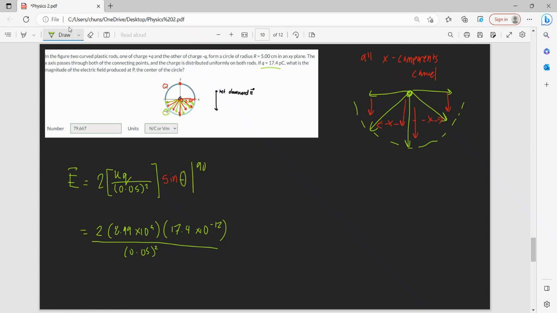So from 90 to negative 90, right? We're going to start with our sine 90, minus sine negative 90, to plug in now.